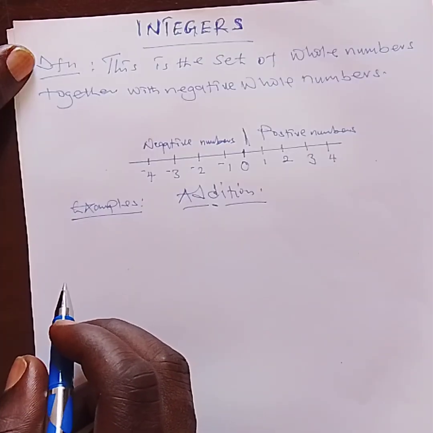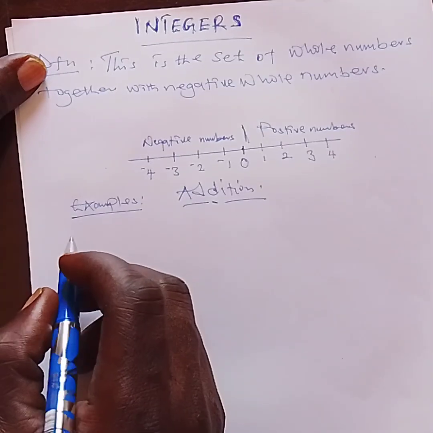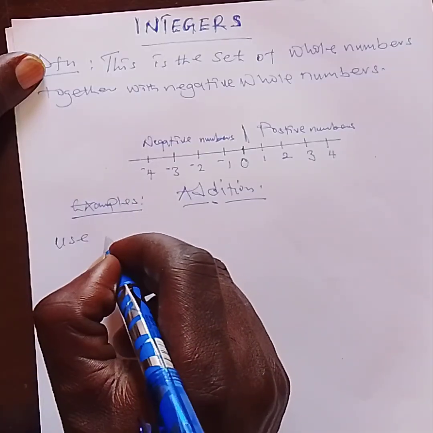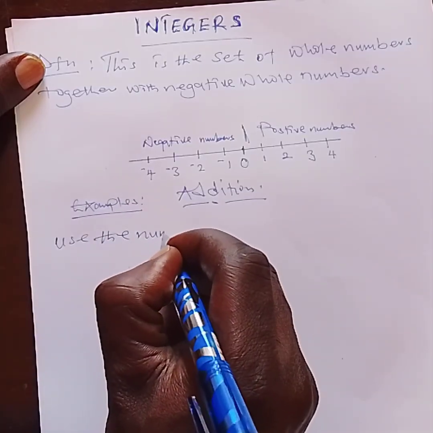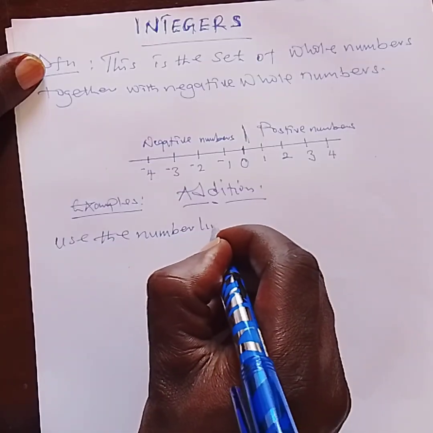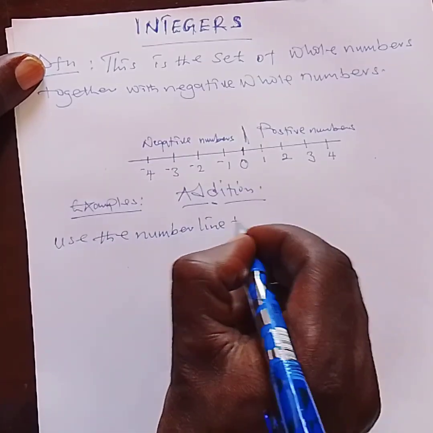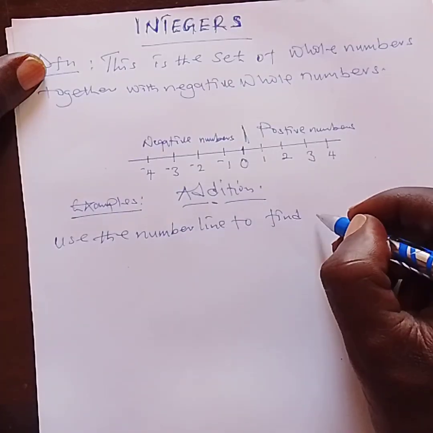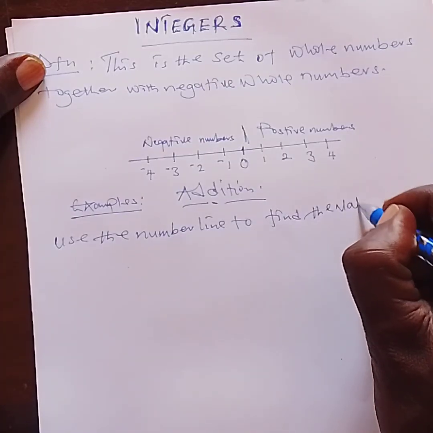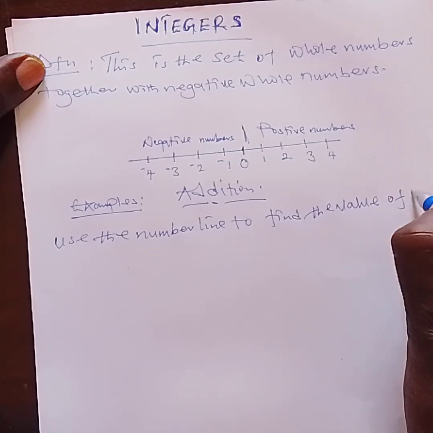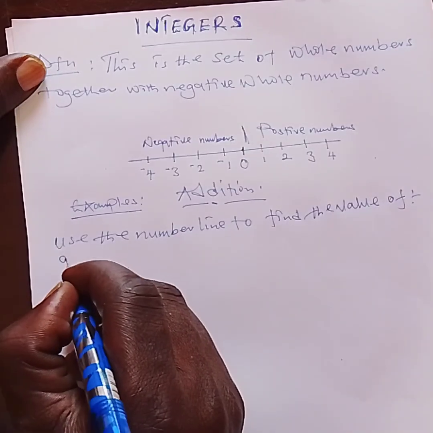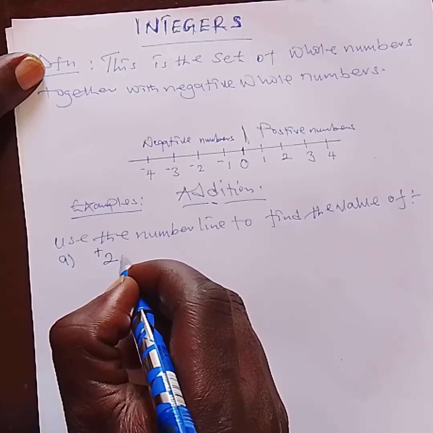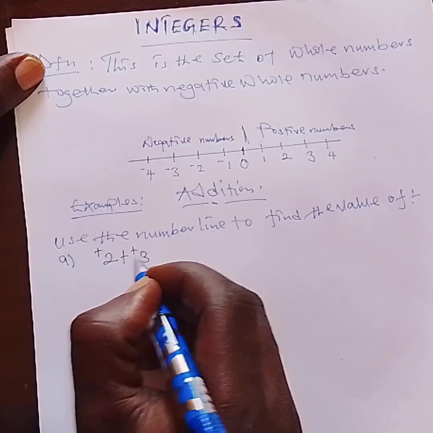Now on our addition, we are told to use the number line to find the value of: A part, positive 2 plus positive 3.